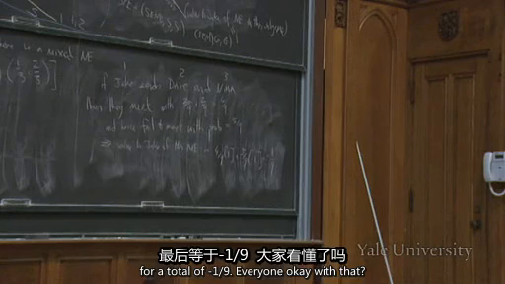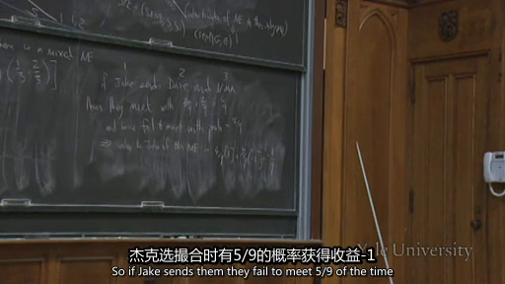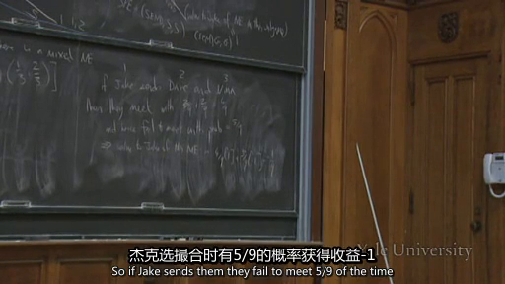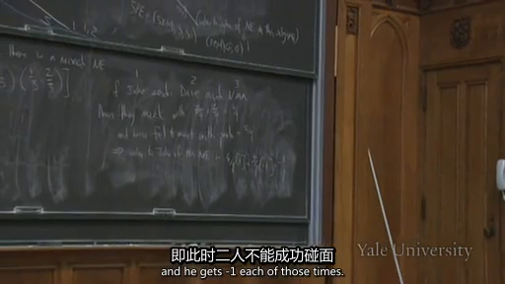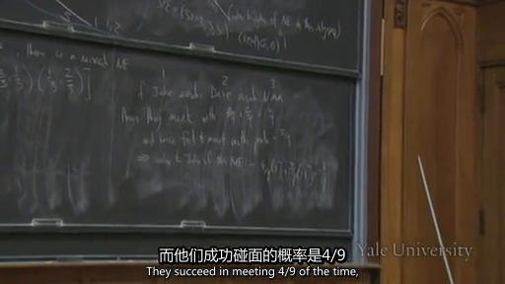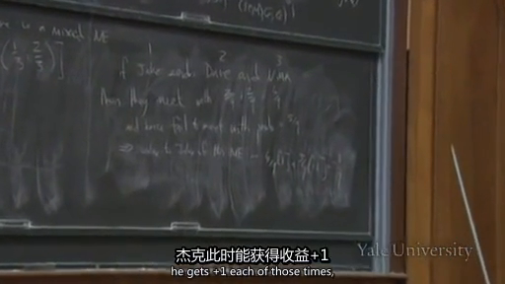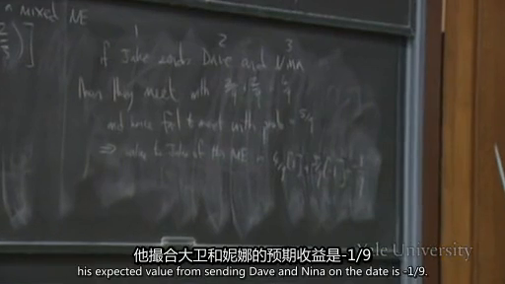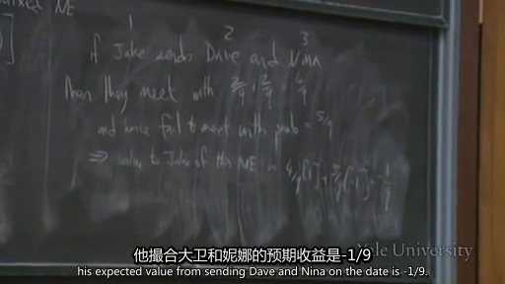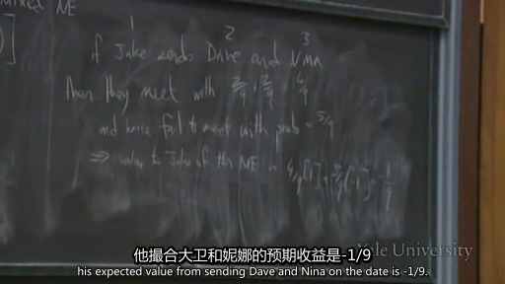Everyone okay with that? Right, so if Jake sends them, they fail to meet 5/9 of the time, and he gets -1 each of those times. They succeed in meeting 4/9 of the time, he gets +1 each of those times. So his expected value from sending Dave and Nina on the date is -1/9.